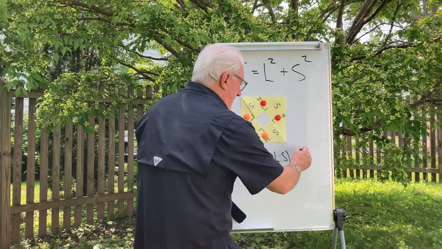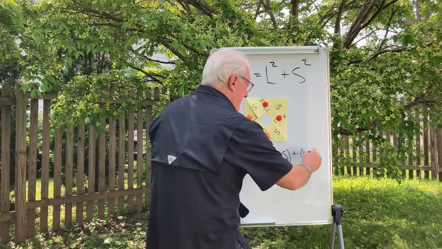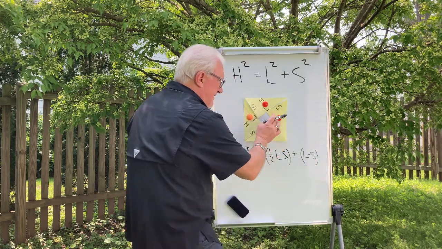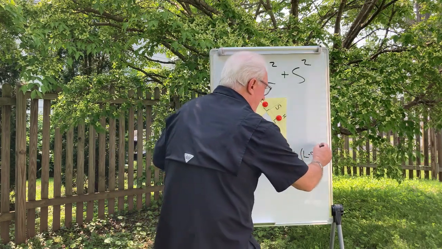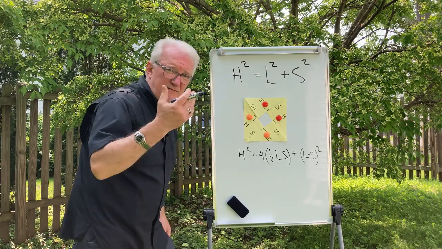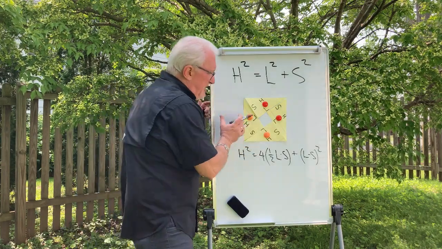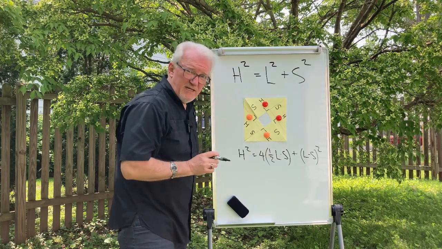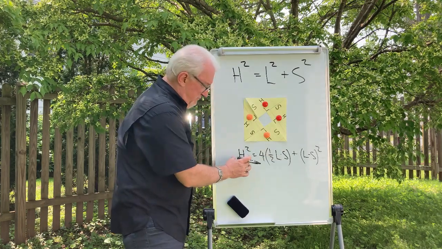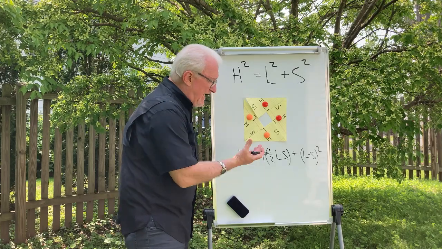And so L minus S is the side length of that square, so L minus S squared is in fact the area of that center square.